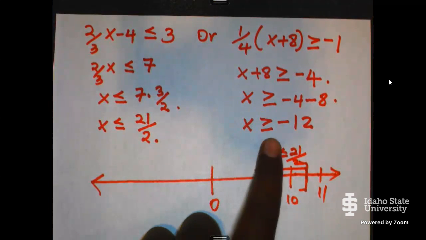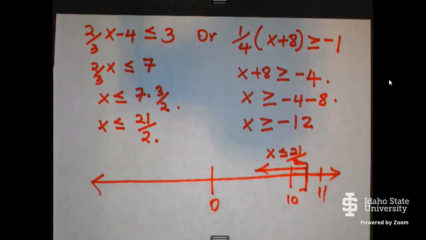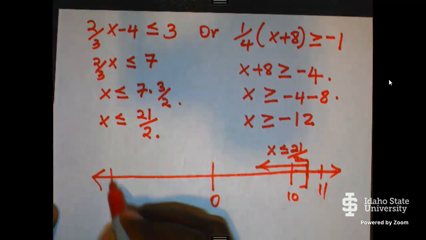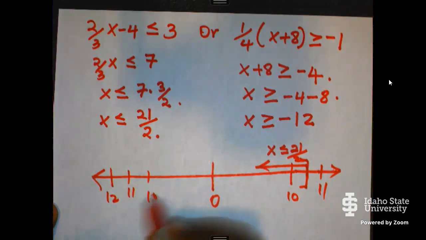Okay, x is greater than or equal to minus 12. We can use the same graph. But for you, use the first step, use the 2 graphs, and then you draw the last one. Here we can use 1 graph. We can take this as 12, 11, then maybe 10.